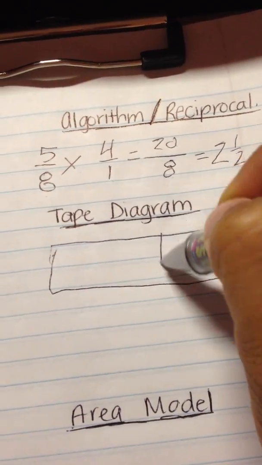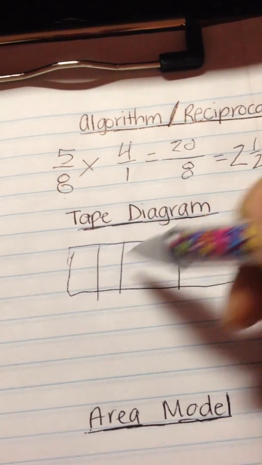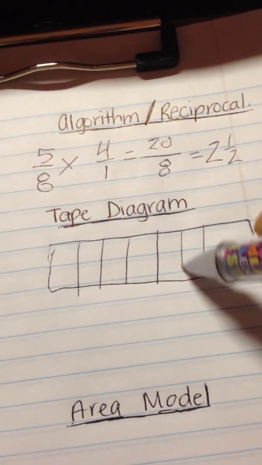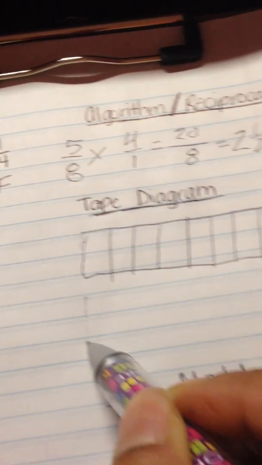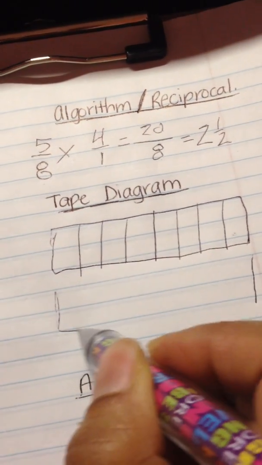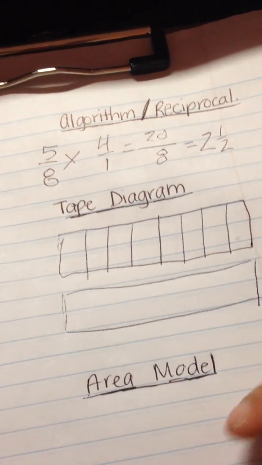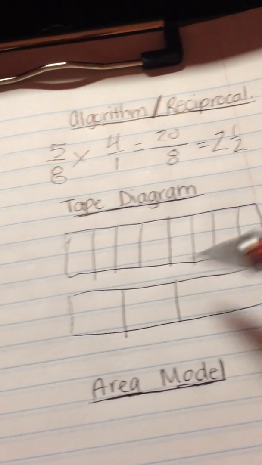So I would start and be as even as I can possibly be without a ruler and divide this into 8 pieces. Okay, now the second one says to take that same size rectangle and divide it into 4 pieces. Okay, trying to be even once again, I will divide this into 4.